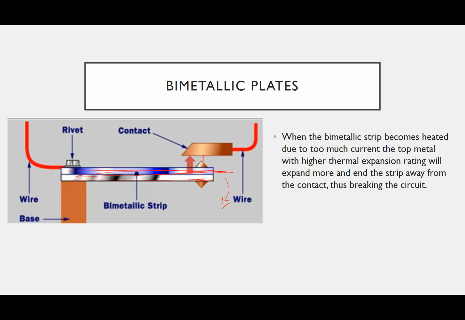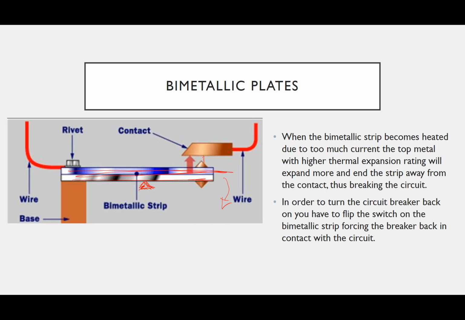So as it starts to bend down and away, in a true circuit breaker, there's like a little divot in here that it falls into and will hold there until you push it back into place. But as this one gets expansive, it starts to slide away from the contact and then falls into that little slot. In order to turn the circuit breaker back on, you have to flip the switch on the bimetallic strip, forcing the breaker back into contact with the circuit.